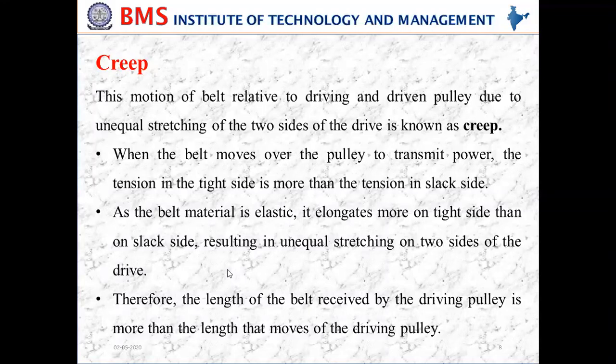Therefore, the length of the belt received by the driving pulley is more than the length that leaves the driving pulley. So relative motion occurs between these two, and that is what we call creep.